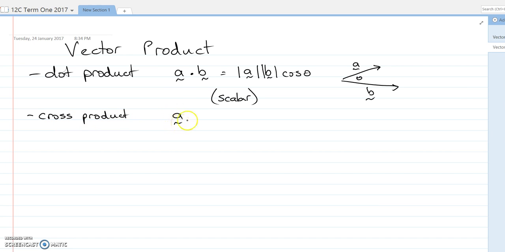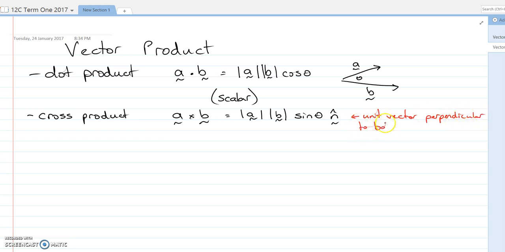Okay, and we write cross products with a cross, and it's also the magnitude of A times the magnitude of B. It's sine instead of cosine, and one last thing is this n hat vector, which, if you recall, the hat means it's a unit vector, so this is a unit vector perpendicular to both A and B.